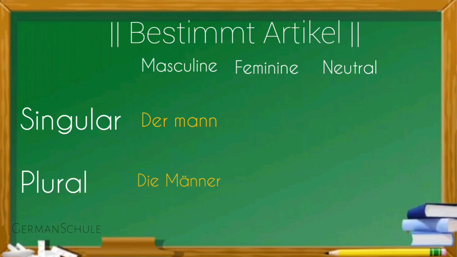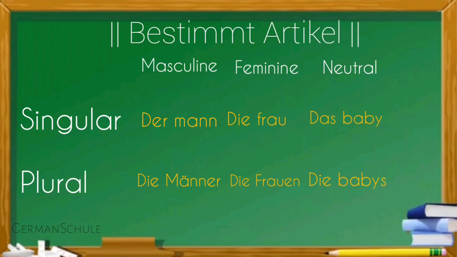Also in singular for feminine it is die Frau and for plural it is die Frauen. Another one, in singular for neuter it is das Baby. In plural it is die Babys. As you can see here, the article for plural is always die.